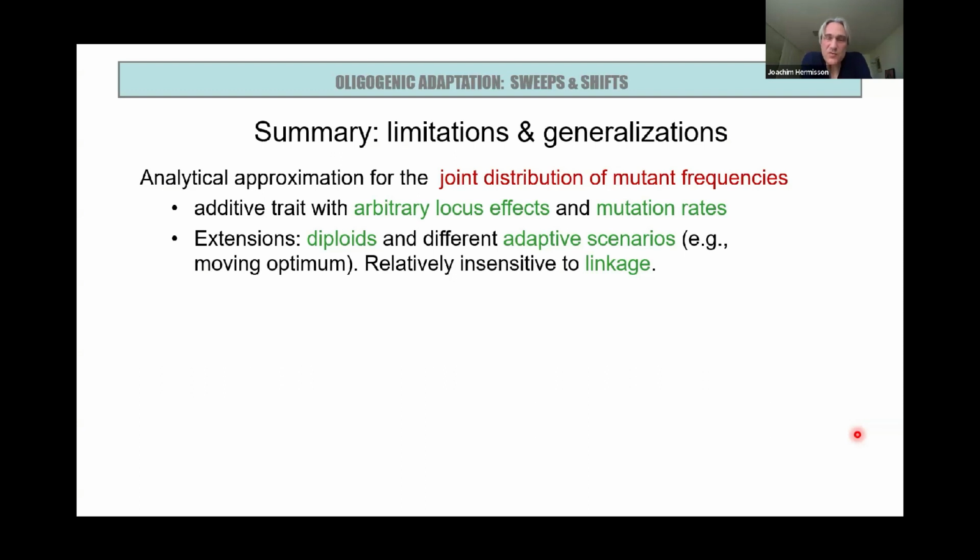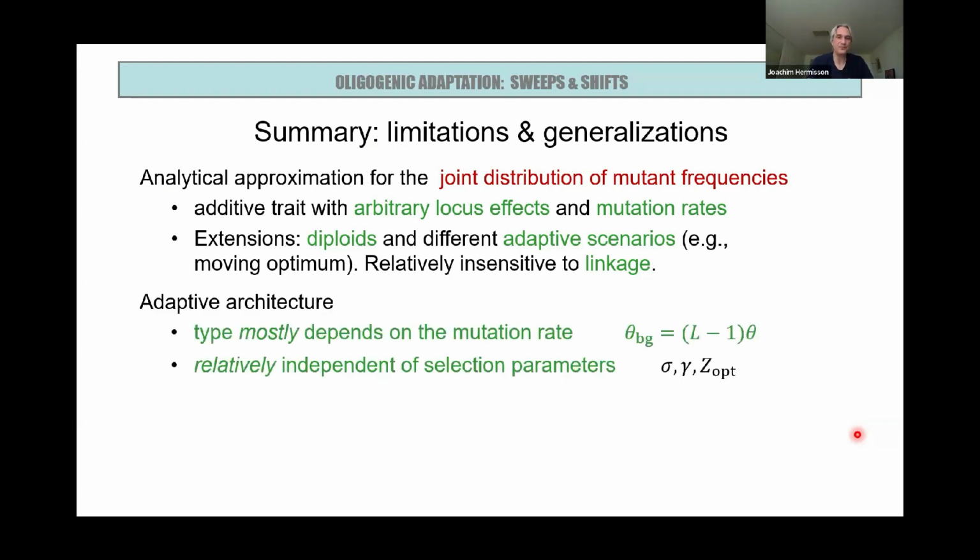We can also do a moving optimum. And interestingly, this results in exactly the same genetic architectures. And the whole thing is relatively insensitive to linkage. We do find that the architecture type mostly depends on a single parameter that we call the background mutation rate, and is relatively independent of selection parameters. And this even holds for unequal locus effect sizes to a degree.